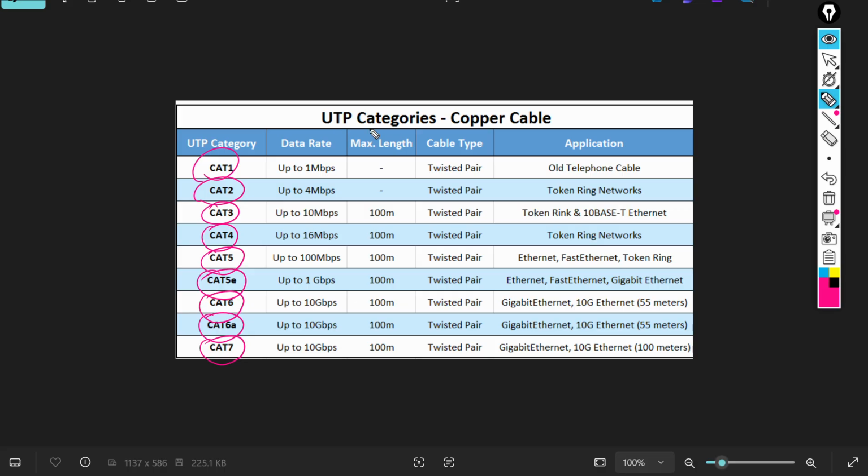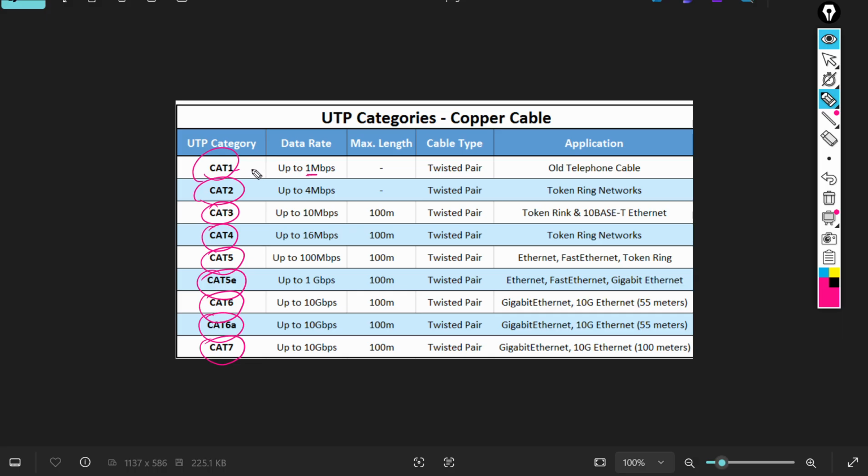These are the UTP cable categories. Category 1 supports data speed up to 1 Mbps. It is very old, and category 1 was used in old telephone cables. Nowadays we are not using category 1.